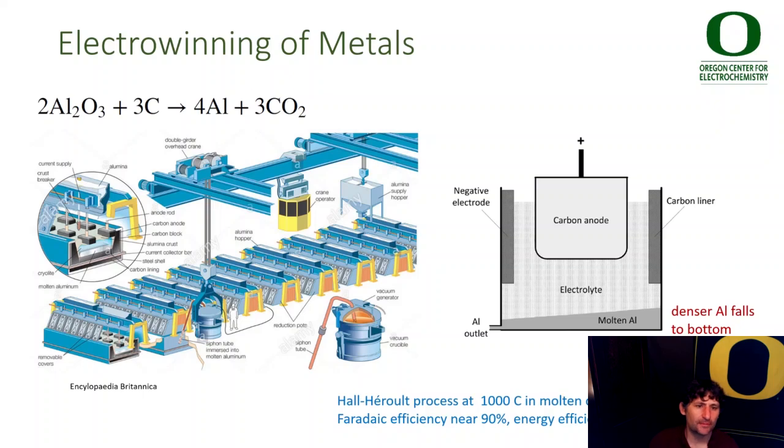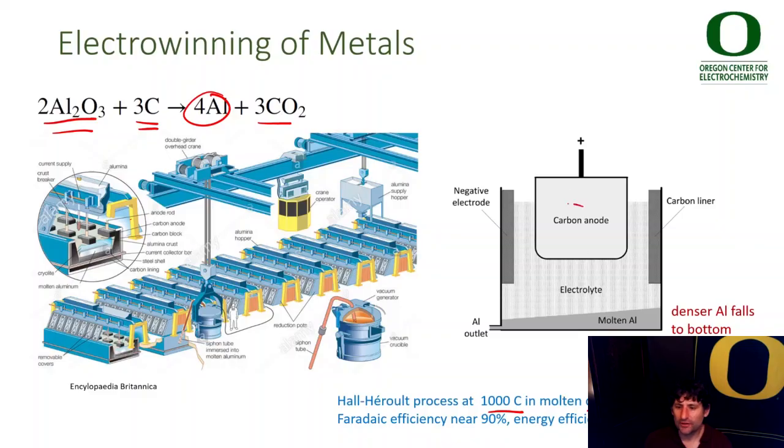Let's switch gears and talk about some other electrolysis processes. Here's the Hall-Héroult process, which runs at 1,000 degrees C in molten cryolite. Cryolite is typically crystalline sodium aluminum fluoride. Melt it, it becomes a liquid at 1,000 C. And in this process, you take aluminum oxide, carbon, and you make aluminum and CO2.